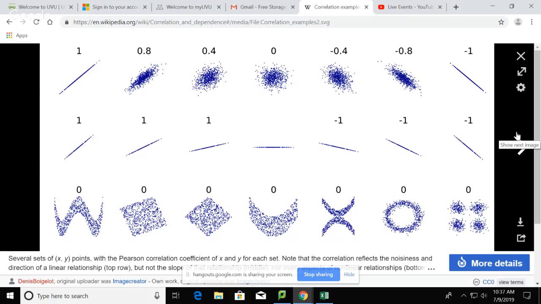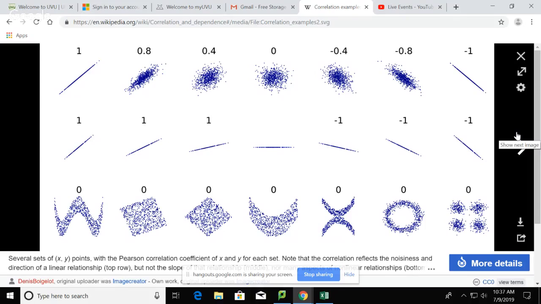You notice linear has the word line in it. So whenever we're measuring the correlation coefficient, we are always assuming that it should be a straight line.